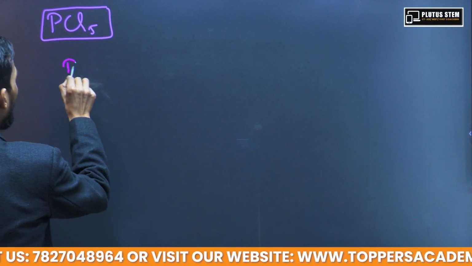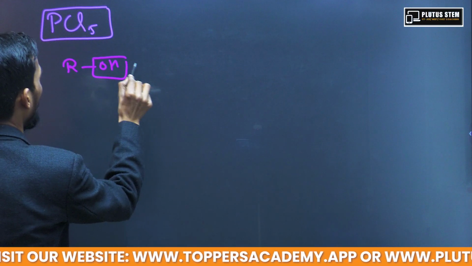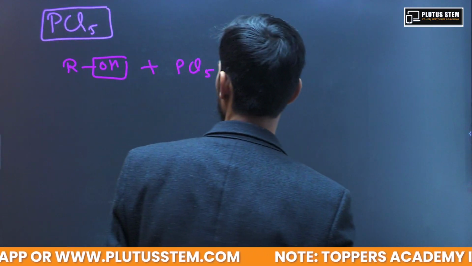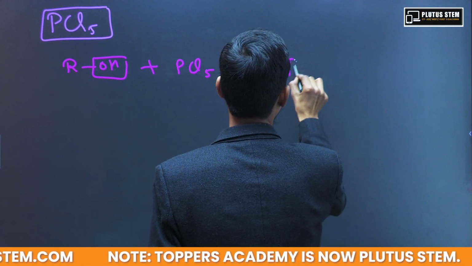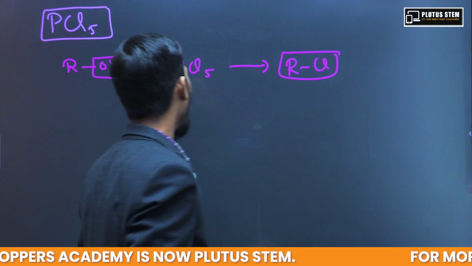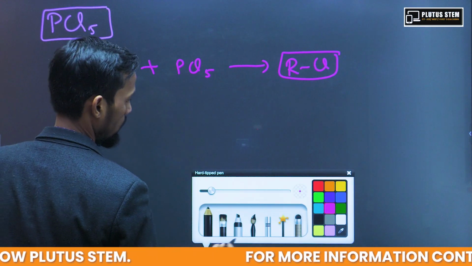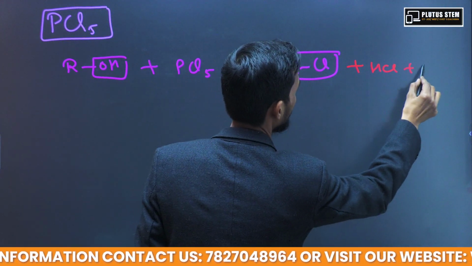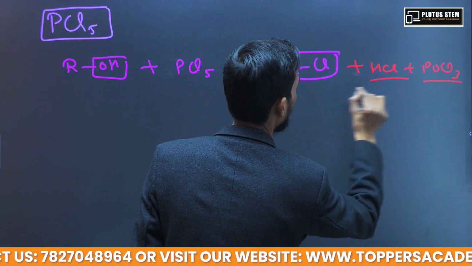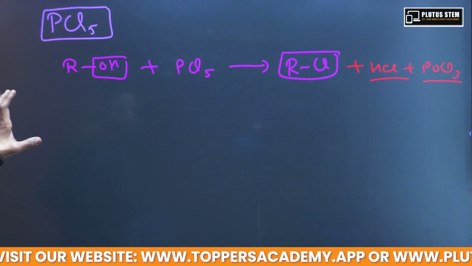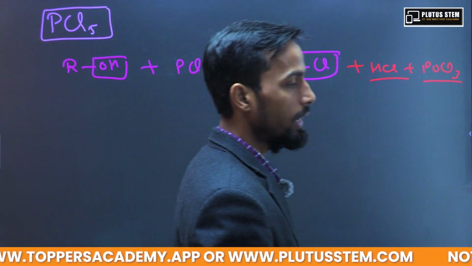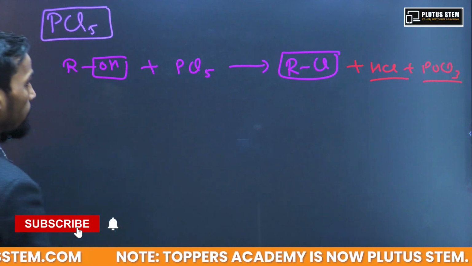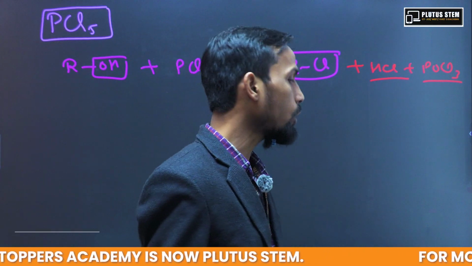If this is our ROH alcohol, when it reacts with PCl5, it gives RCl plus HCl plus POCl3. Three things are formed, so this is very important. Sometimes in exams it is asked to balance this whole reaction. So we know that alcohol when reacted with PCl5 gives RCl, HCl plus POCl3.